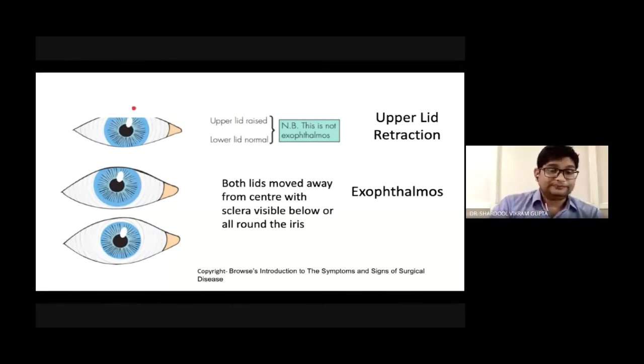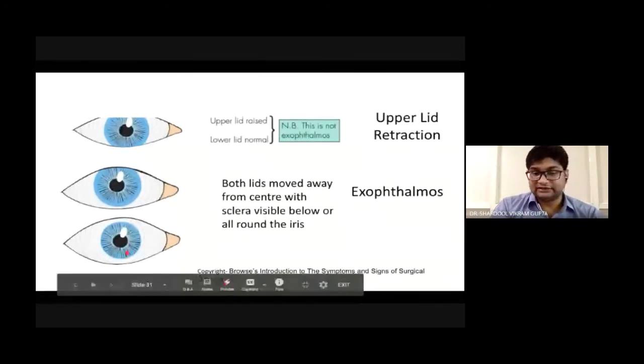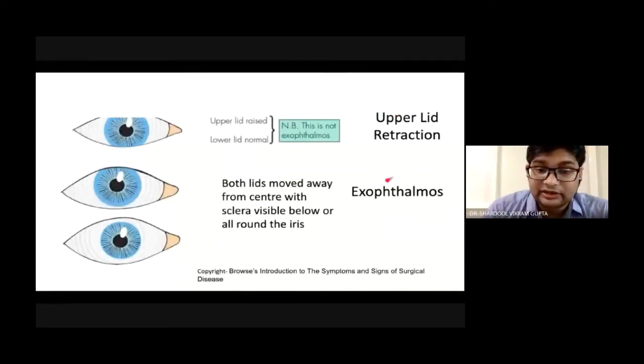Normally the lower lid should be at this level, but as you see, the lower lid is going below, exposing part of the sclera, and the upper lid is also moved, so they are widely moved. This is known as exophthalmos, and upper eyelid retraction is different from exophthalmos in that the lower lid will remain at the normal position.